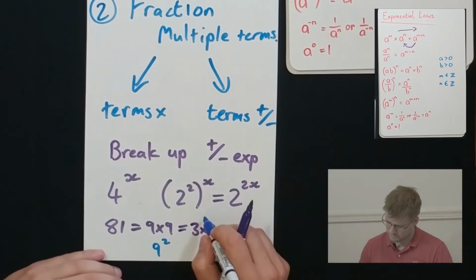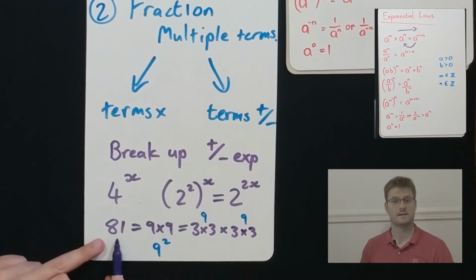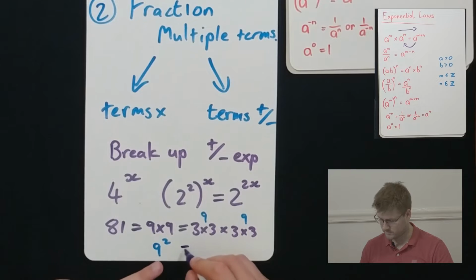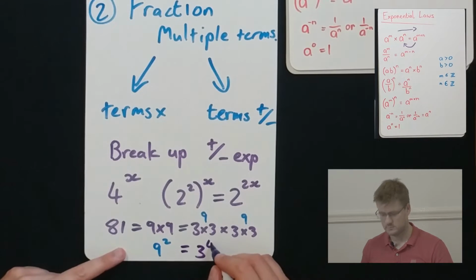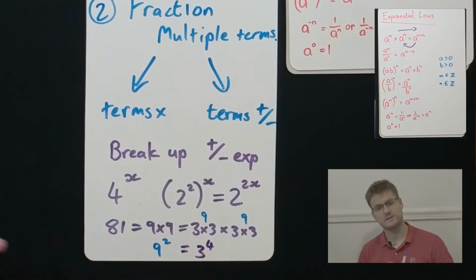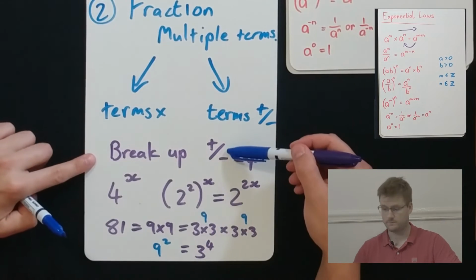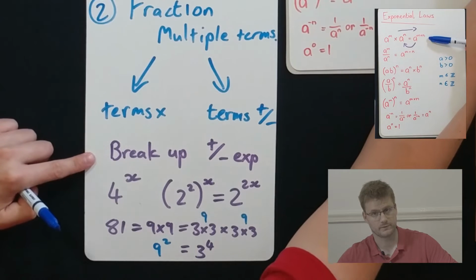So each of those 3 pairs is one of the 9s. So we can actually take 81 and decompose it all the way down to be 3 to the power of 4. Alright?